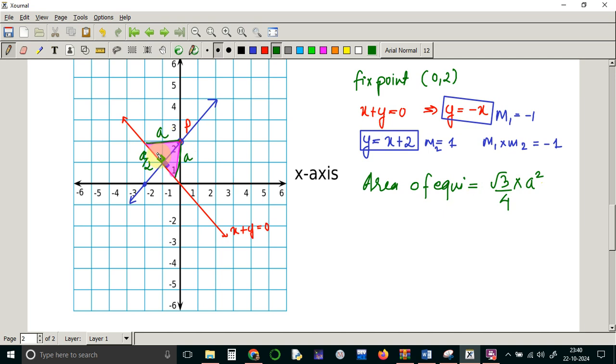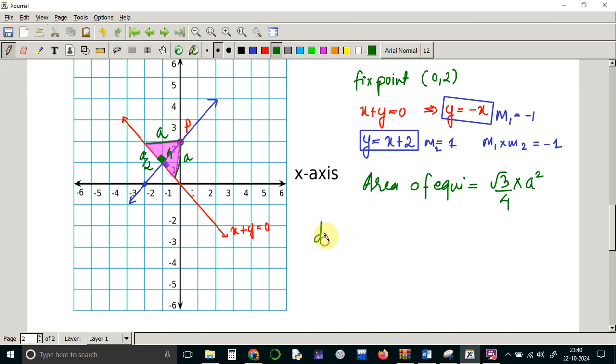So by using Pythagoras theorem in this half triangle, I am getting this height. So we have to find this height first. How to get this height: it is the perpendicular distance of this point from this red line.